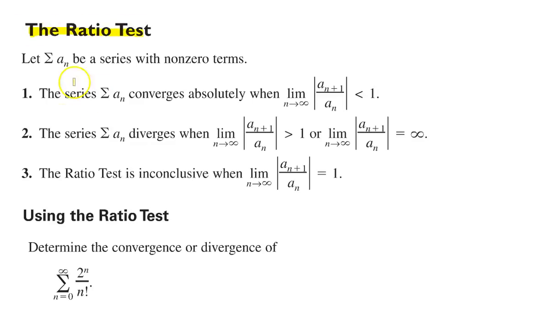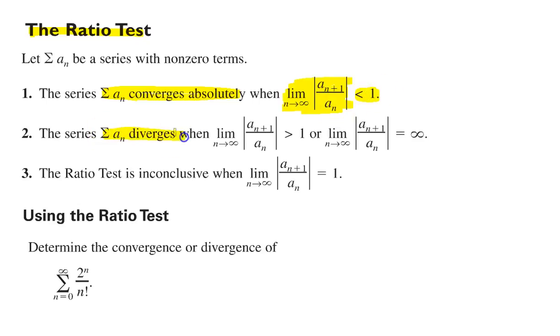All these three conditions will be given to you on the test on a chart, so you don't have to remember the conditions. So let the series be one with non-zero terms. The series converges absolutely when this limit as n goes to infinity of the absolute value of a_(n+1) over a_n is less than 1.